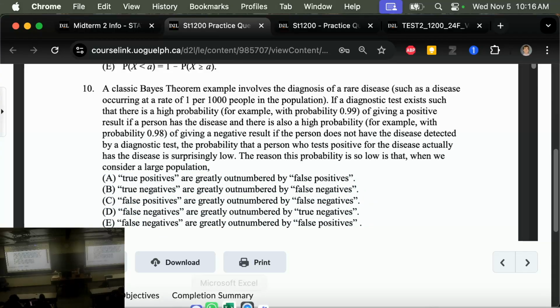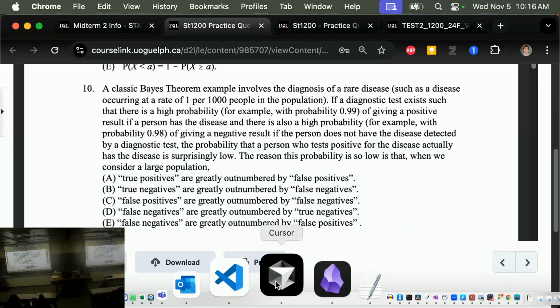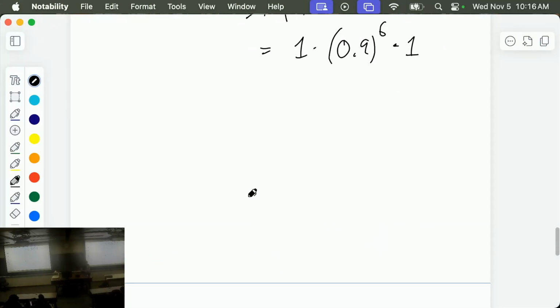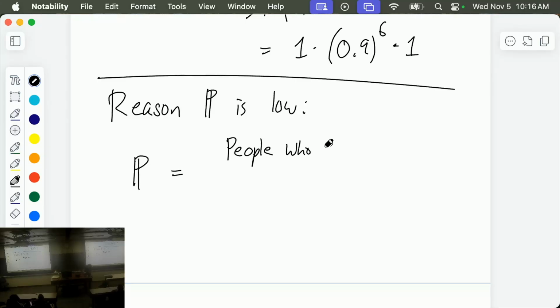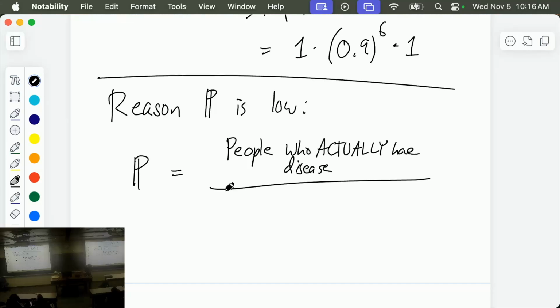Let me just write down how I would think about it. The reason the probability is low is because the probability is something like people who actually have the disease divided by people who test positive. That is the number that we're talking about being very small.